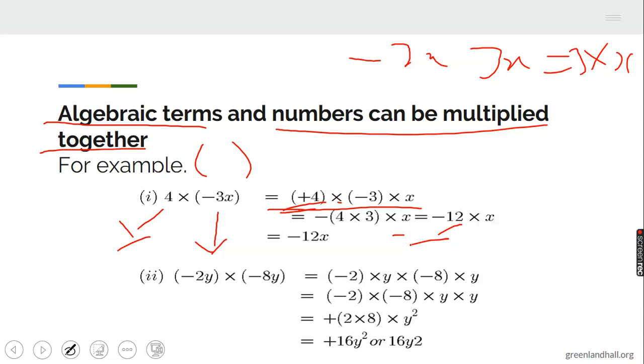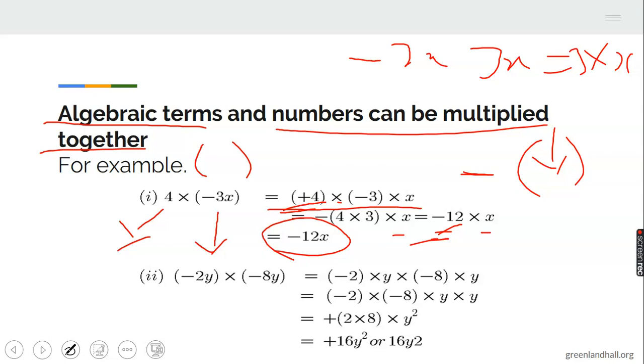Note, anytime you have a bracket and minus outside, and you use the minus outside to open the bracket, all the signs inside the bracket will change, be it from positive to negative or from negative to positive, as the case may be. Now, minus 12 times x will be equal to minus 12x.